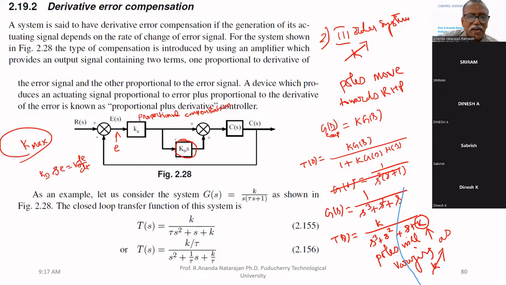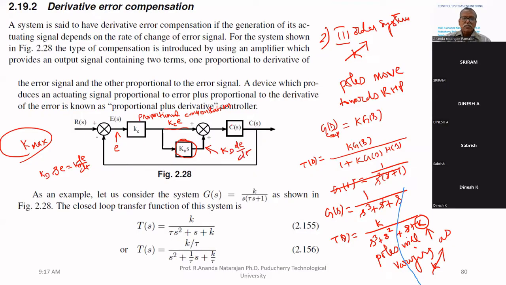So there are two parallel paths. This path is for proportional: Kc times error. This path gives Kd times d by dt.